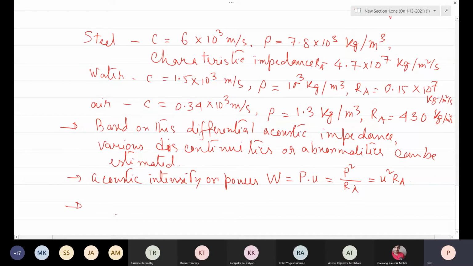Because of the mechanical vibration and associated friction, there could be heat loss. So certain acoustic energy will be transferred from the acoustic domain to the thermal domain, and that will cause an attenuation or absorption of the acoustic energy.